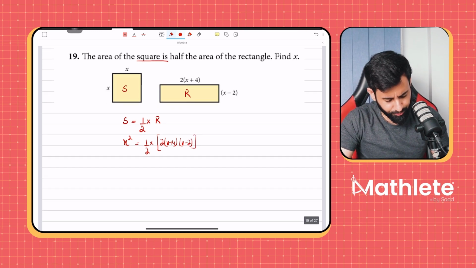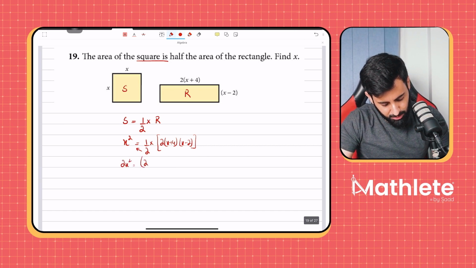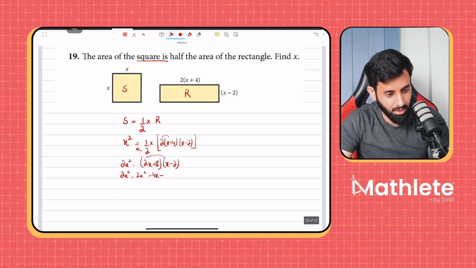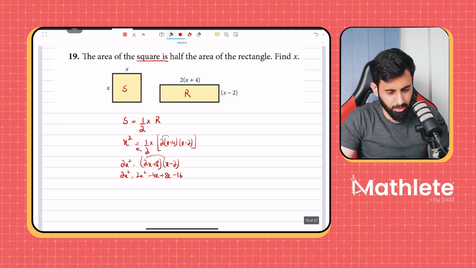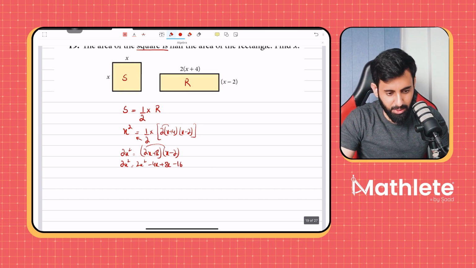That's it. Okay, so you can cross multiply. So you have 2x squared, which is equal to 2 into x plus 4, meaning 2x plus 8, which will then be multiplied by x minus 2. So now you have 2x squared equals 2x squared minus 4x plus 8x, minus 16. So we have 2x squared on both sides.